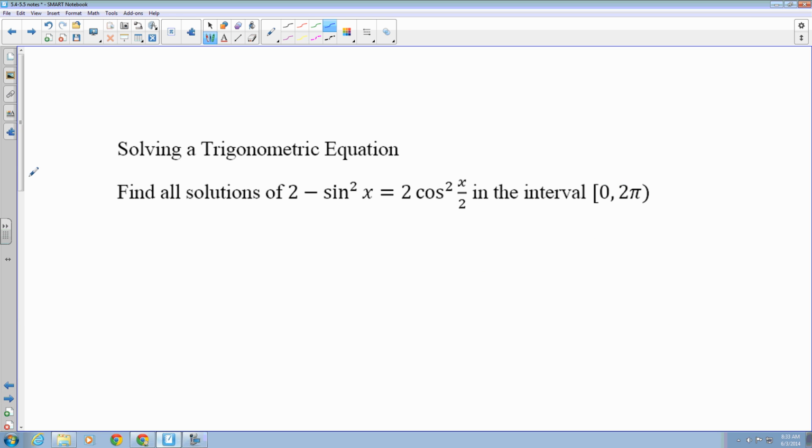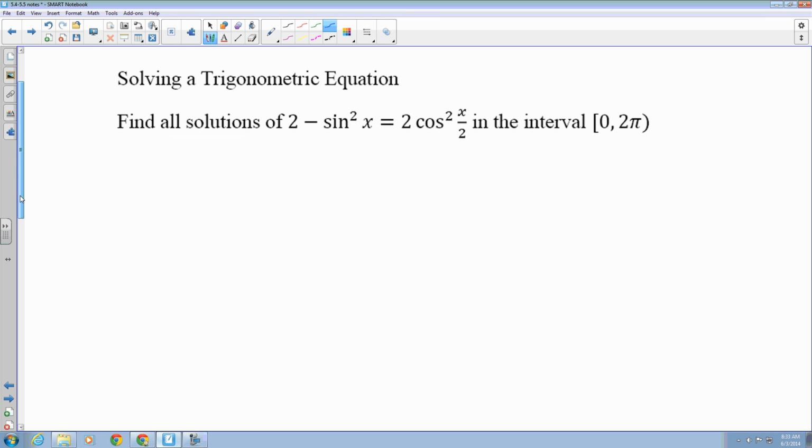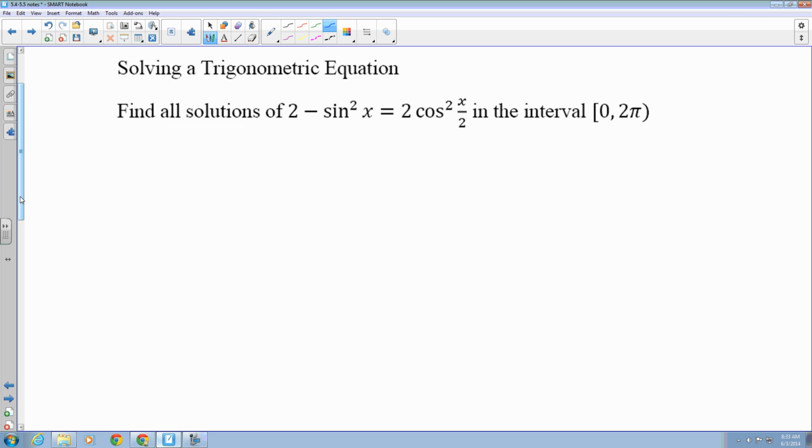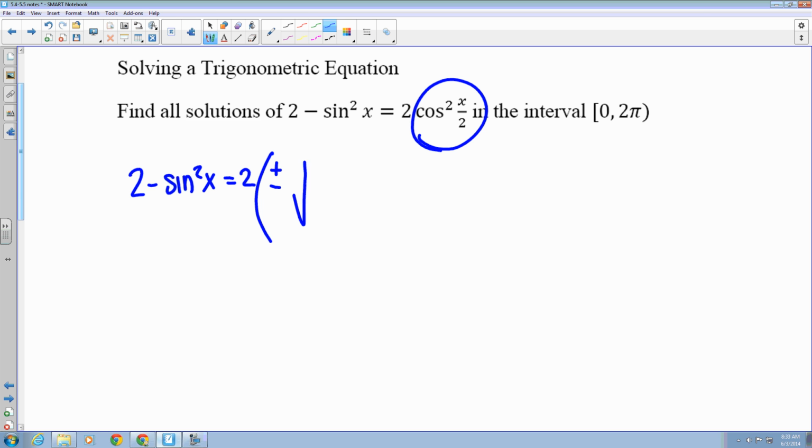Okay, solving a trig equation, find all solutions in the interval. So the first thing I'm going to have to figure out is how to get rid of that half angle right here. Okay, so 2 times plus or minus the square root of 1 plus cosine x over 2, squared.